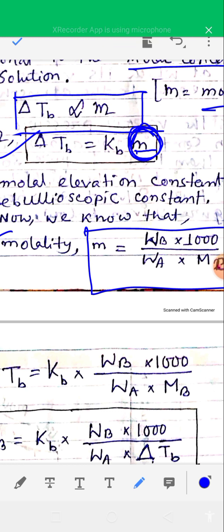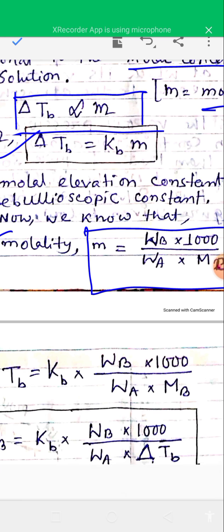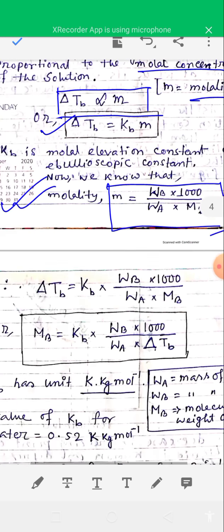That is, delta Tb will be equal to Kb when m is equal to 1. Okay, for different solvents the value of Kb is different.